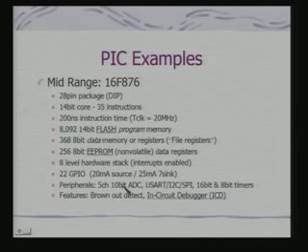It has 10-bit ADCs, it has 22 general purpose IO lines, the port A, port B IO lines that I was discussing. It has USART, SPI, I2C, all these serial interfacing mechanisms that I talked about. It has both 16-bit and 8-bit timers, as well as brownout detect and in-circuit debugger.